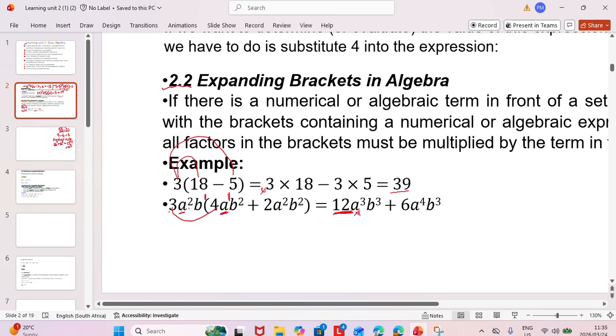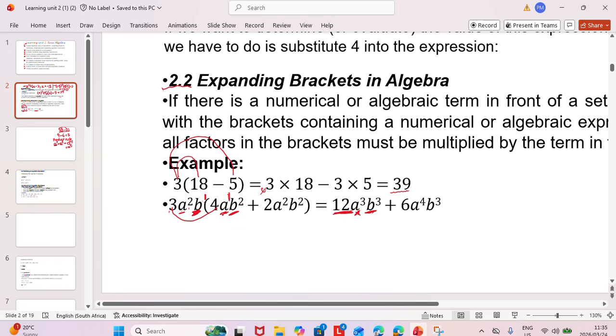Then you will have a to the power of 3. Then you move to b. b is to the power of 1. This b that I'm highlighting here, and multiply by b to the power of 2. You are multiplying, the bases are the same, you are going to add the exponents. So it's b to the power of 1 plus 2, which is b to the power of 3.